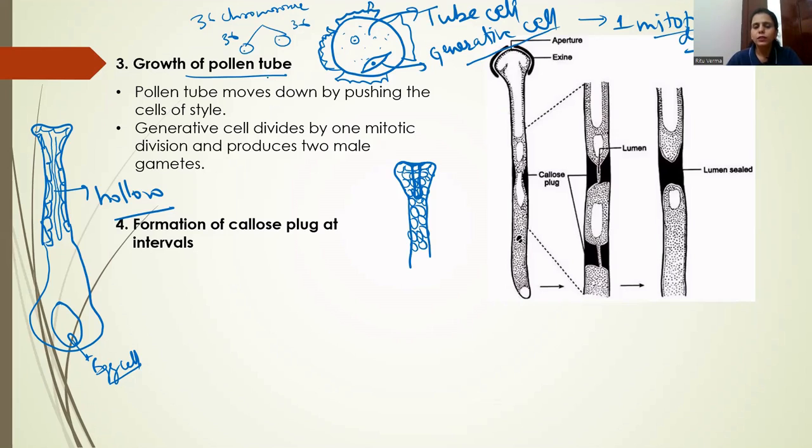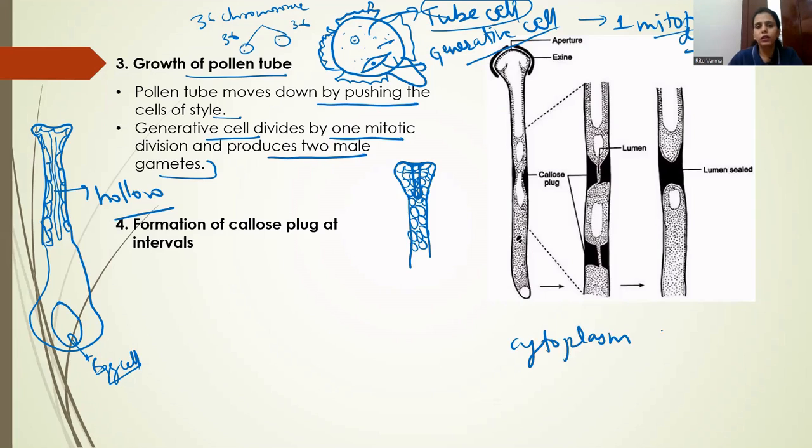So when the pollen tube starts growing, this entire content does not simply move inside the pollen tube. The pollen tube moves down by pushing the cells of the style, and during the growth, the generative cell, the small spindle-shaped cell floating in the cytoplasm of the tube cell, divides by one mitotic division and produces two male gametes. Okay, so this point is important. It produces two male gametes. Now this entire content, remember this, what is the content?